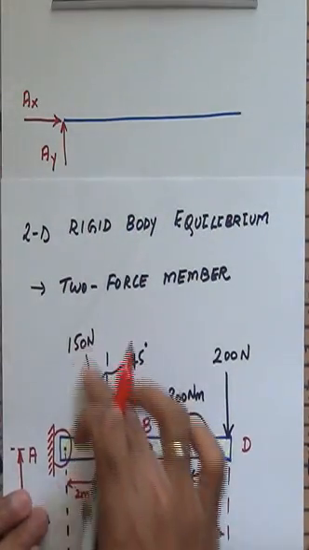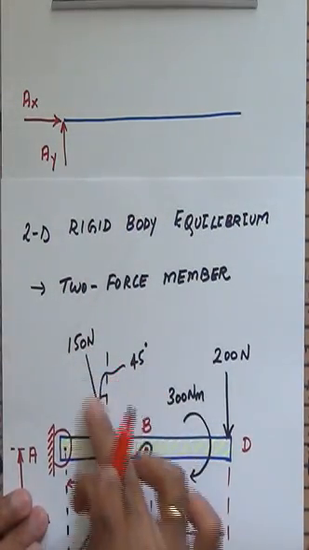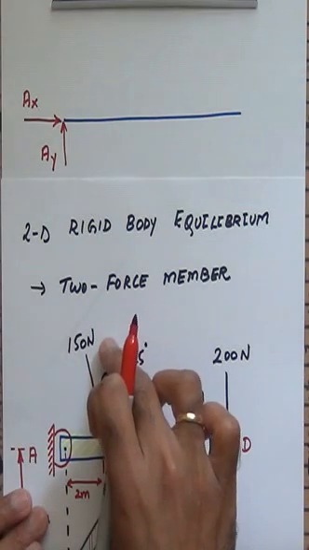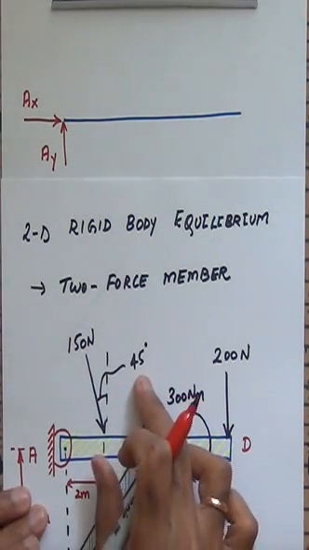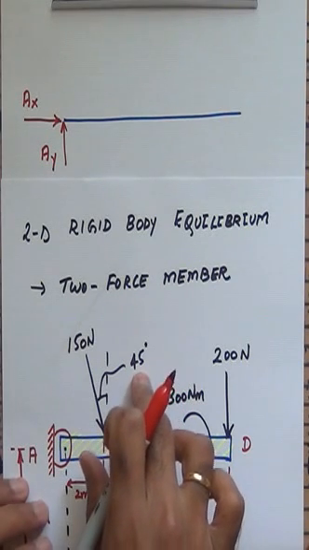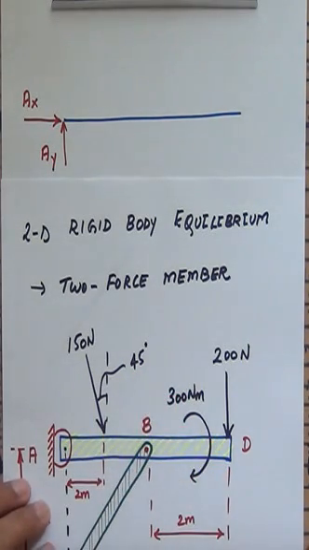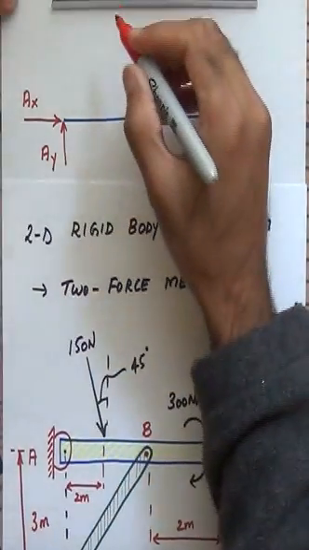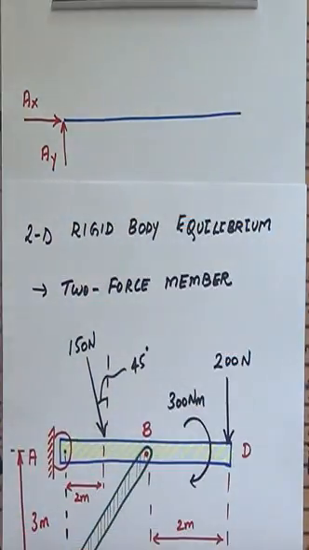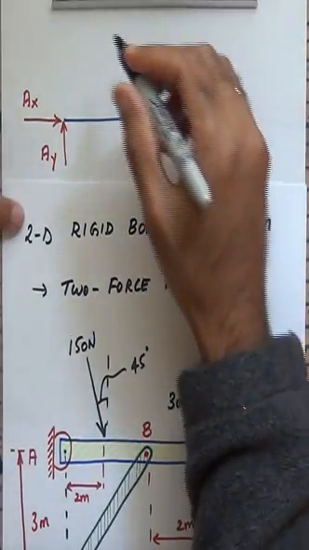Then I have this force of 150 newtons right here. This force of 150 newtons, I can split it into a horizontal and a vertical component, and 150 times cosine 45 is 106.1 newtons, and sine 45 is the same as cosine 45. So I'm going to take this force, split it into two components here. I'm going to draw the applied forces in a different color, so probably in the black color.